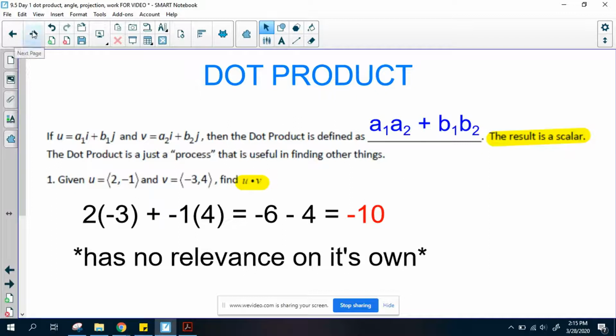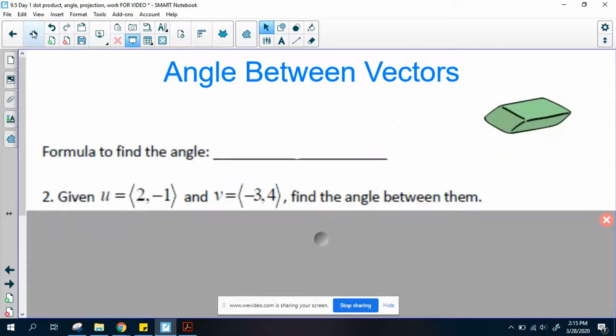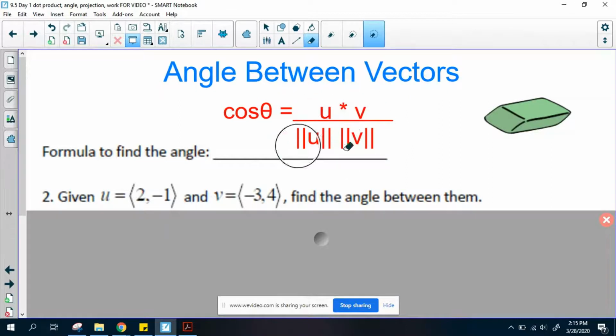One of the things a dot product is useful for is the formula for finding the angle between two vectors. The formula is cosine of theta is equal to u dot v over the magnitude of u times the magnitude of v. Remember, these double bars mean magnitude.